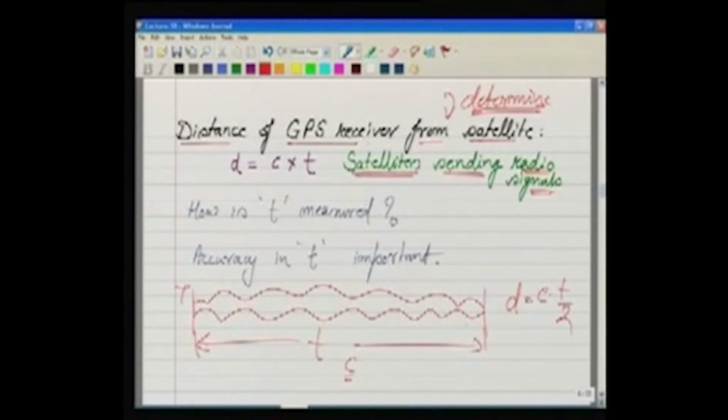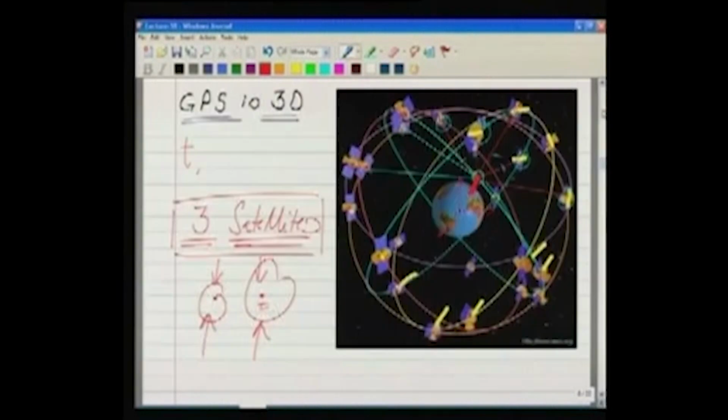We can do this by phase measurement or whatever, but in this case our transmitter is sending the electromagnetic radiation. However, in the case of GPS, the signal is transmitted only from the satellite to the antenna here.